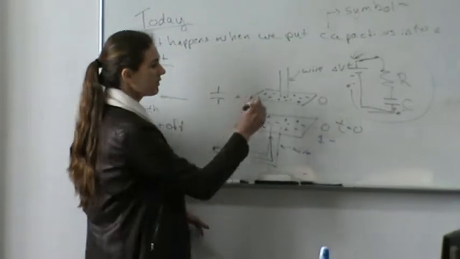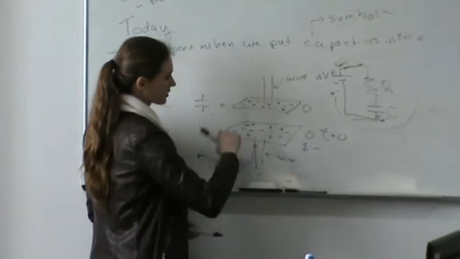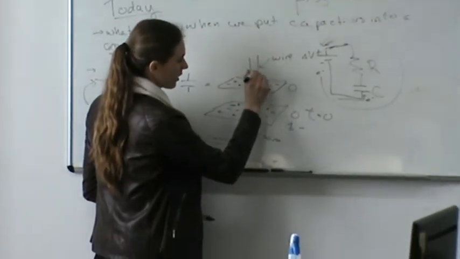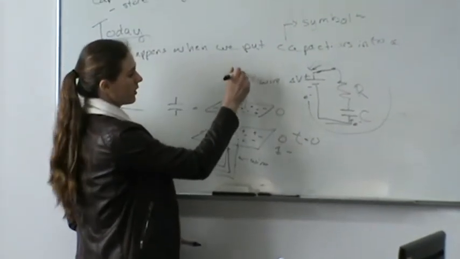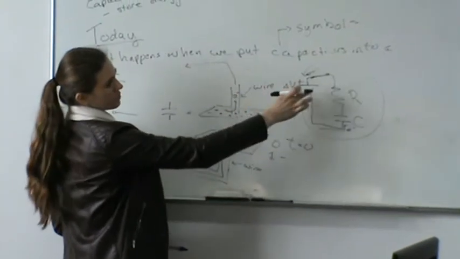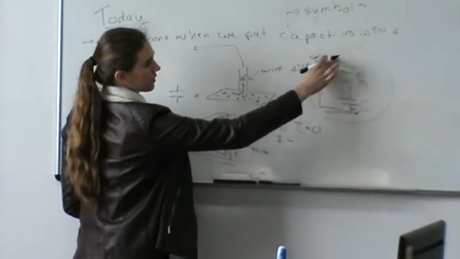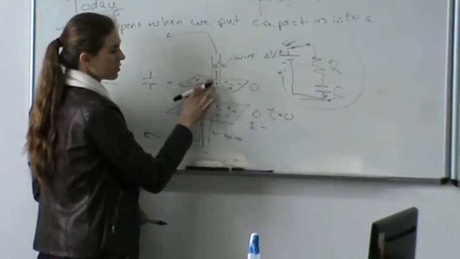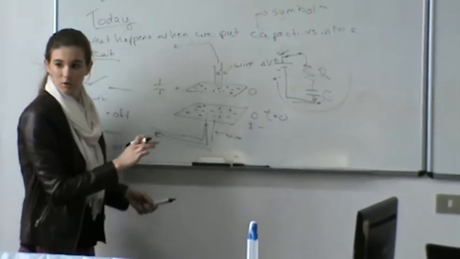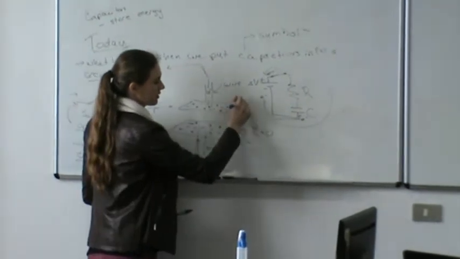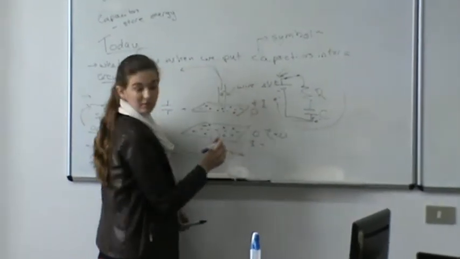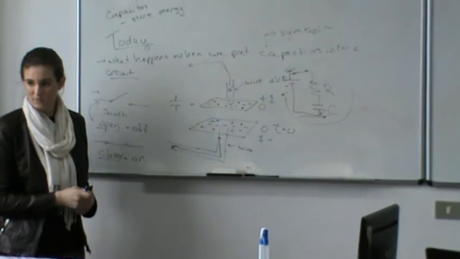So one of the electrons from here will go up here. This electron leaves and goes to the battery. It goes from here over here and is no longer here. And it keeps going up to here, right? So this one is 1 positive, right? Does that make sense?